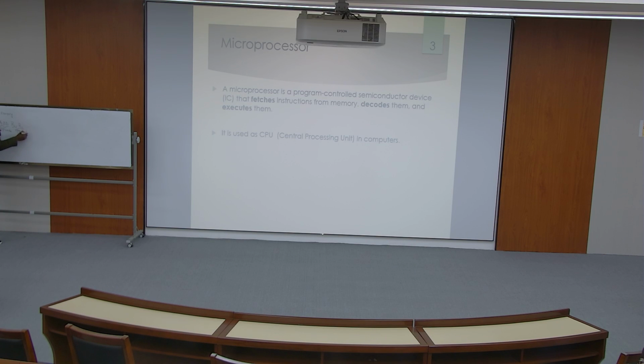It has to decode using the control unit to get which instruction has to be executed in which order. Then comes execution of the instruction fetched from memory. The microprocessor is used as the central processing unit of our computer system. It's like the main brain of the computer system.